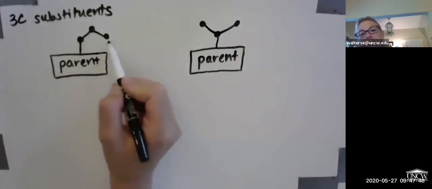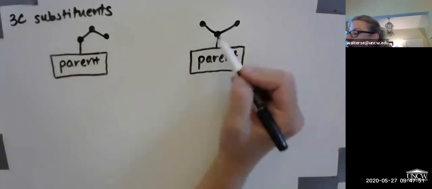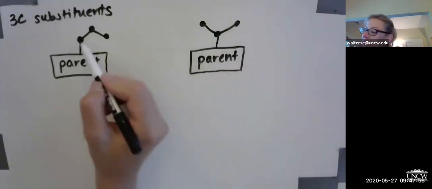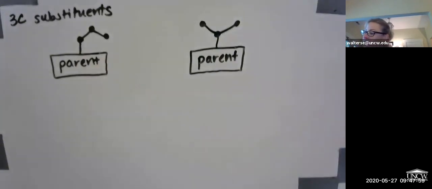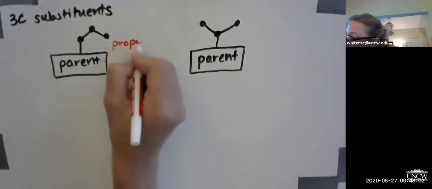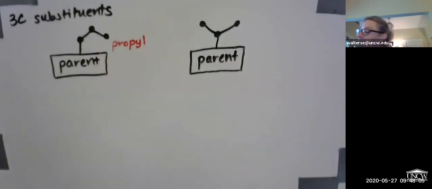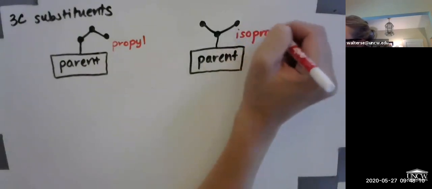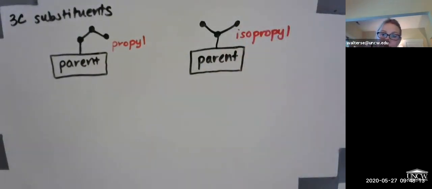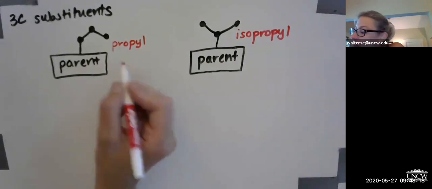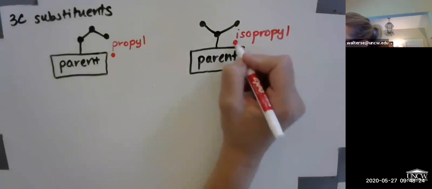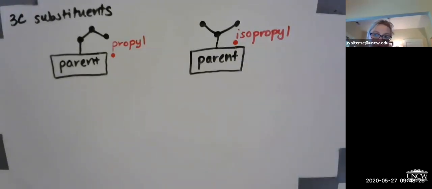So it's either coming out as a chain or it's coming off as a branch. If it's coming off as a chain, it's called propyl. If it's coming off as a branch, it's called isopropyl. When you use these names in alphabetizing, the P is used in propyl and the I is used in isopropyl.